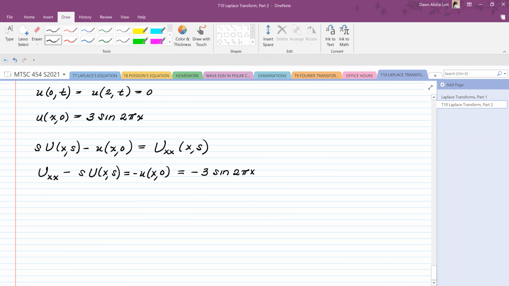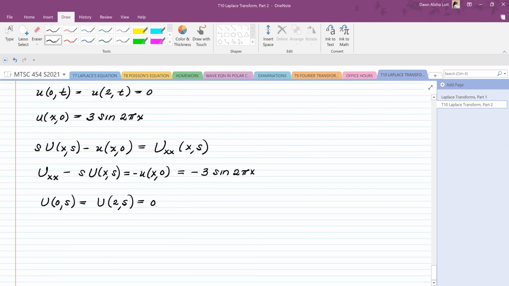So we have to figure out what the boundary conditions are. The boundary conditions are the transforms of what we have above. So when we take the Laplace transform, we're going to get capital U of 0 and s is capital U of 2 and s, and that's going to equal 0.